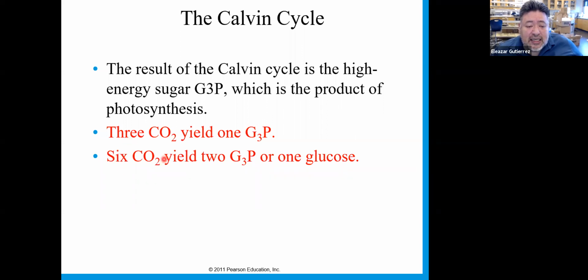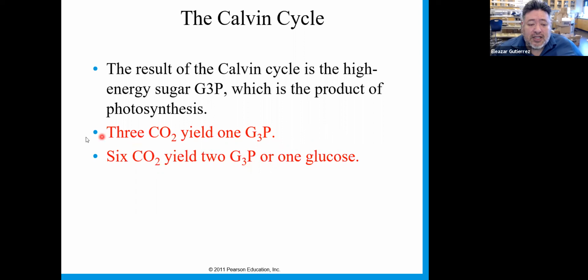So 6 carbon dioxide are going to come together with 6 ribulose bisphosphates, and is going to yield 2 glyceraldehyde 3-phosphates that will eventually turn into a single glucose.